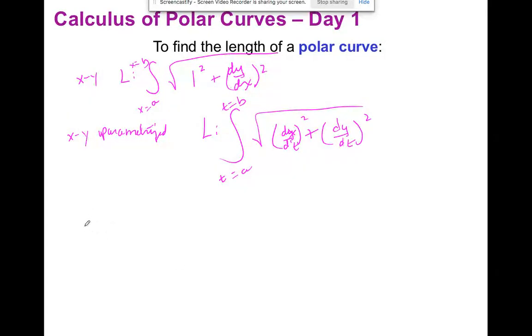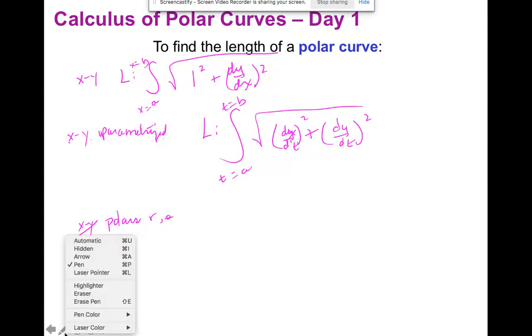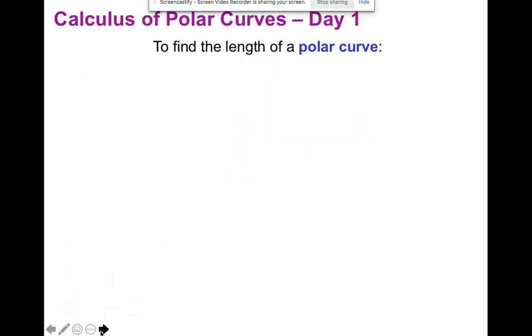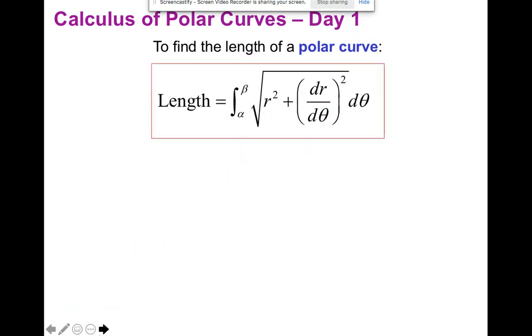So now I want the length of the curve, but with polars. In parametrics, I still had x's and y's. With polars, I am dealing with coordinates that are r comma theta. So check out what that looks like. Isn't that kind of cool?